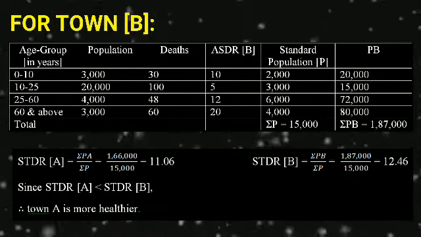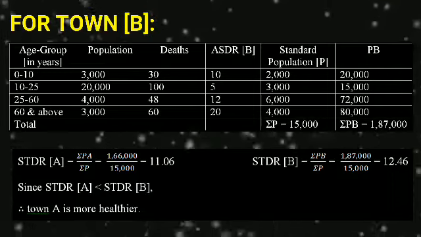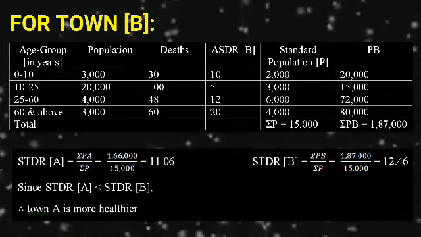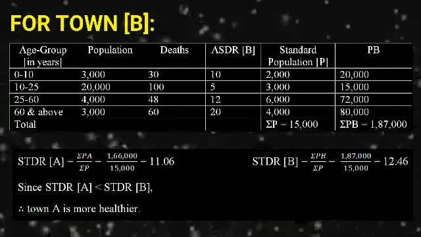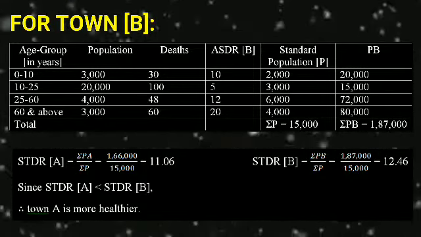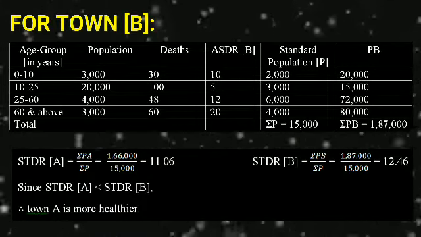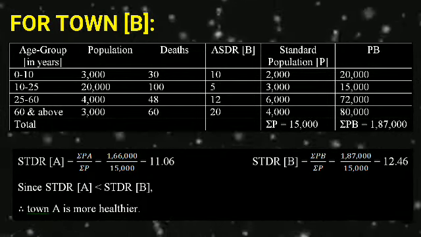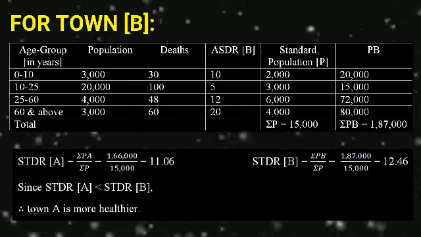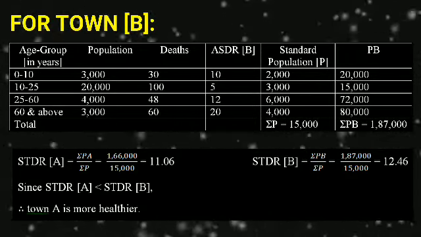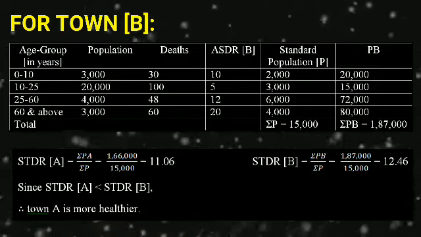So 1,66,000 divided by 15,000, that is equal to 11.06. Similarly, compute STDR for town B. So STDR of B equal to sigma PB divided by sigma P, which is equal to 1,87,000 divided by 15,000, that is equal to 12.46.